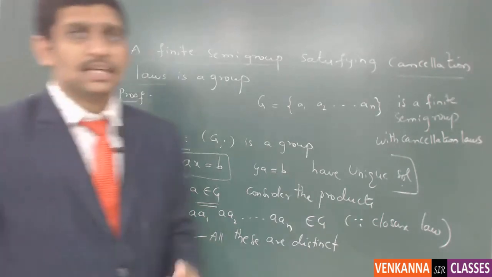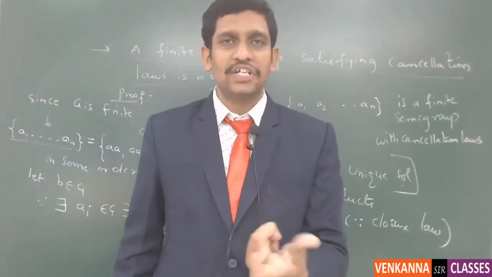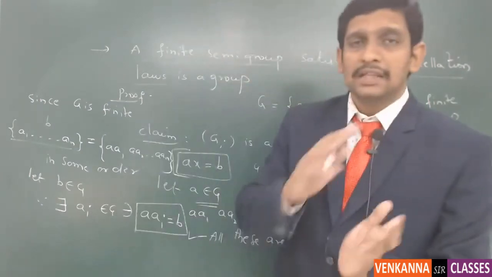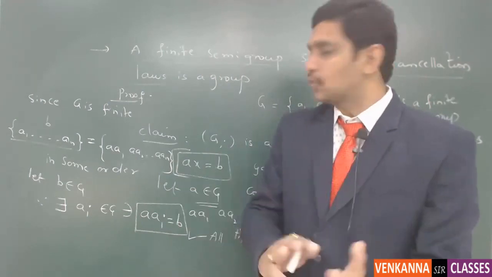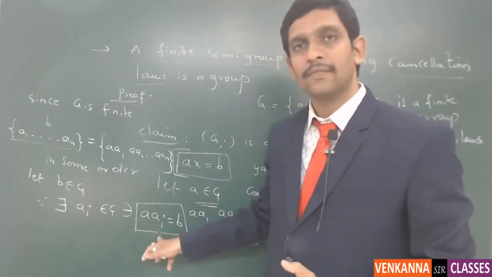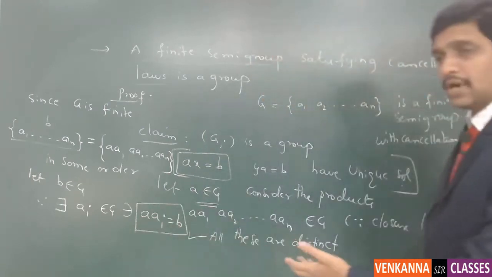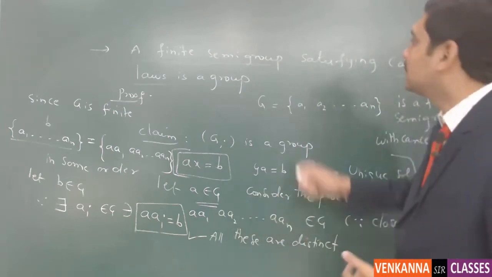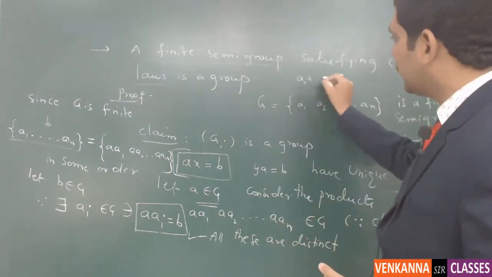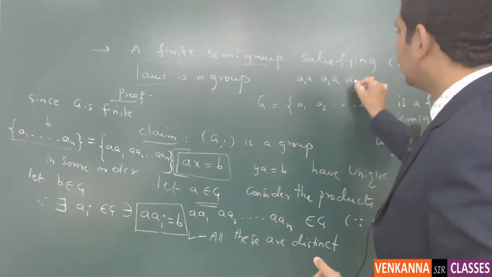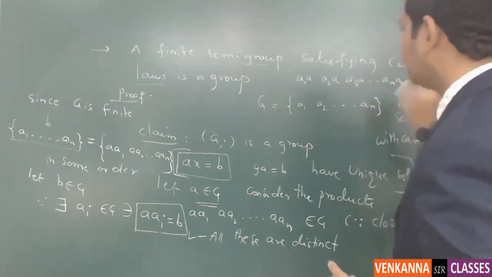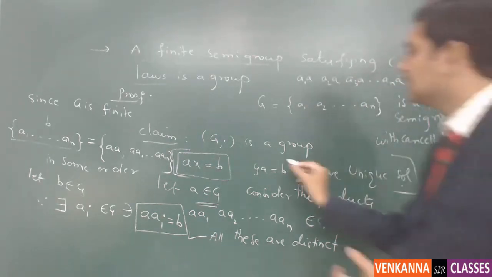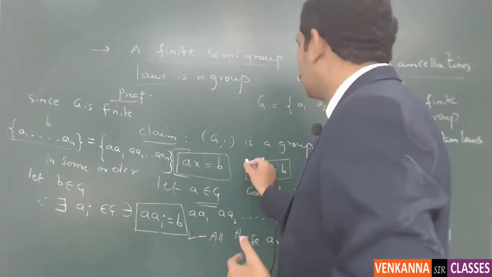So it means that whenever I consider an equation ax equal to b with the elements of G, the solution of that equation also lies in the same set. So similarly, apart from taking the products from the left hand side, you take the products on the right hand side. So if you have written A1 into a, A2 into a, A3 into a, so on, AN into a, then by considering right hand side products, you can say that the equation ya is equal to b has a solution.